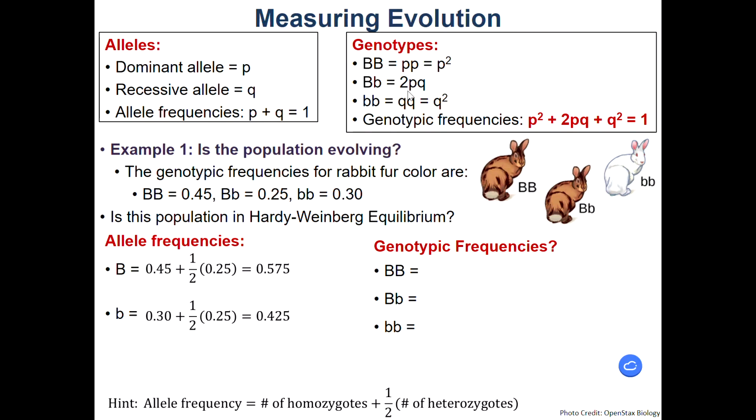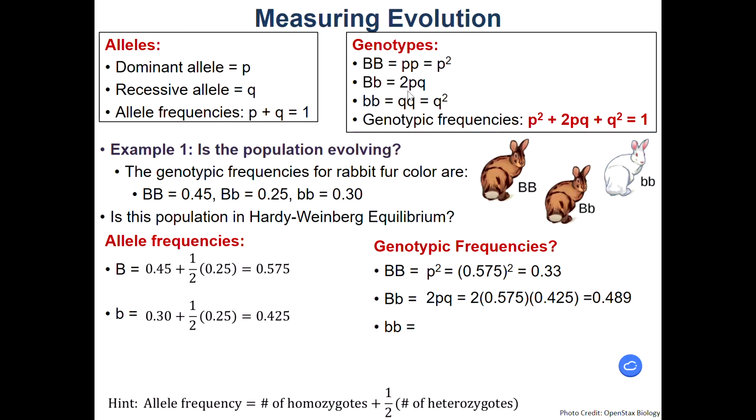To find our genotypic frequency for big B, it is the same as p squared. So if you take 0.575 and do p squared, you get 0.33. And when we're doing math, if I ever have the wrong number on here, please tell me so I can fix it. I'm human and I make mistakes.